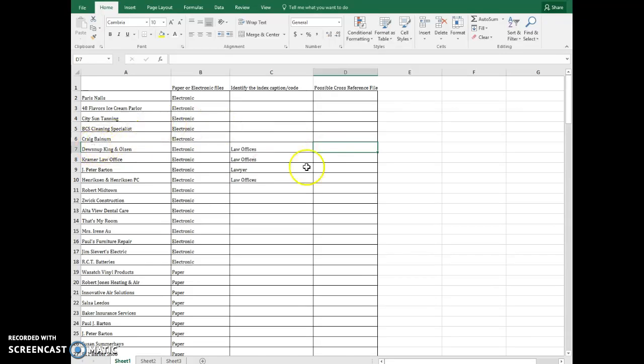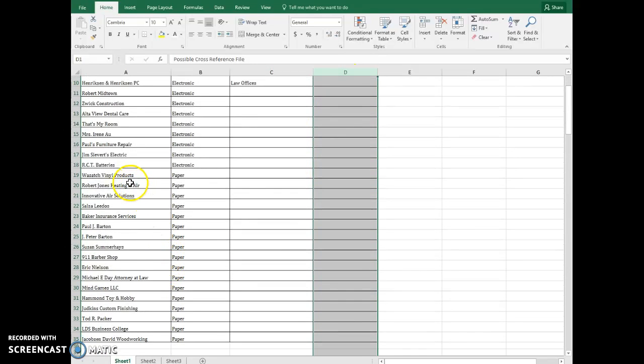So this maybe is under Dewsnup, or maybe somebody would be looking for this under Kramer. So that might be a possible cross-reference for you. So go ahead and finish those electronic files, looking for general, broad ideas for letter C here, and then possible cross-references, how someone else might go looking for the file.